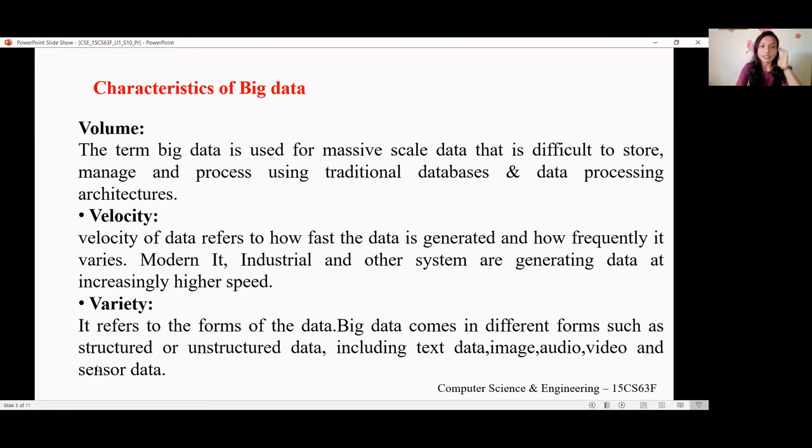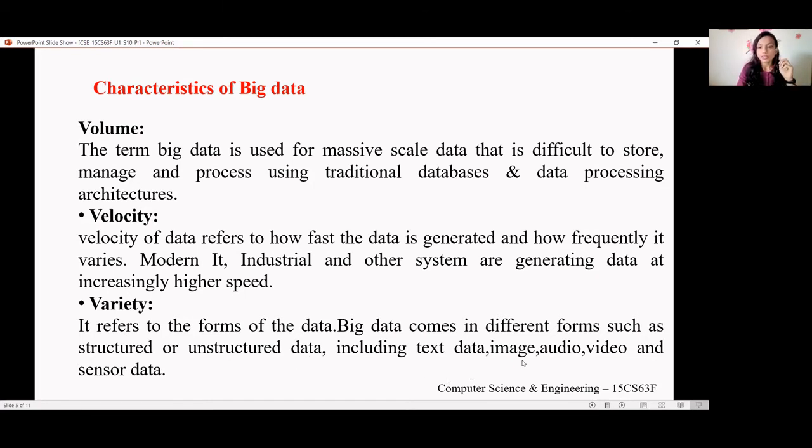But in big data, variety refers to forms of data, so you will not get the same type of data. Again, big data might be structured or unstructured. Structured is data which can be stored in a database, whereas unstructured is data which cannot be stored in a database.